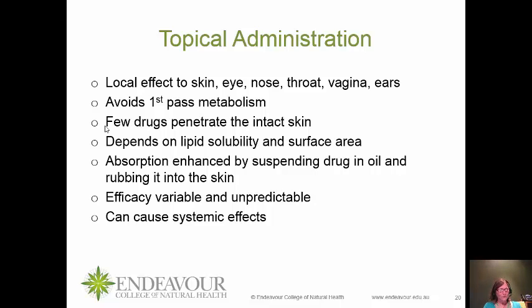You've also got to consider how much surface area that substance would need to be applied over to be absorbed. There can be differences in the absorption rate through the skin where there's little subcutaneous fat, perhaps in elderly clients or other clients with very dry skin or disorders of the skin.